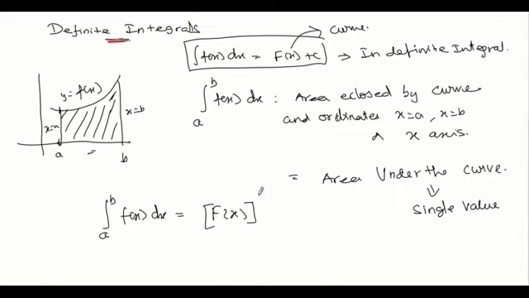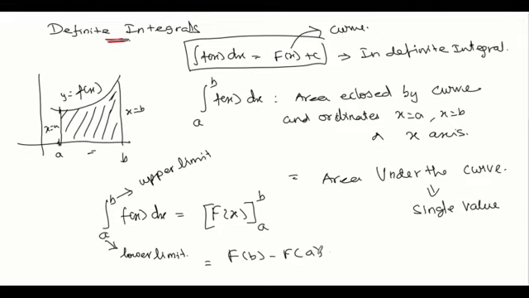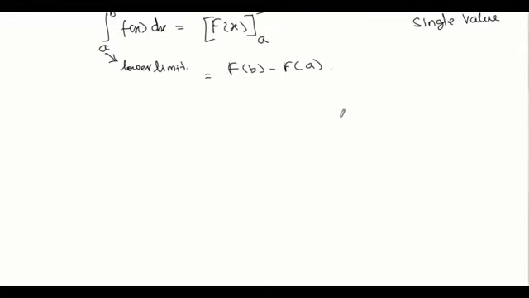This is the upper limit and this is the lower limit. Now by the fundamental theorem of integral calculus, we can say that it is F of b minus F of a. We can represent this as a limit of a sum.